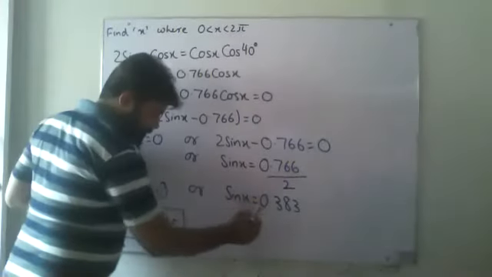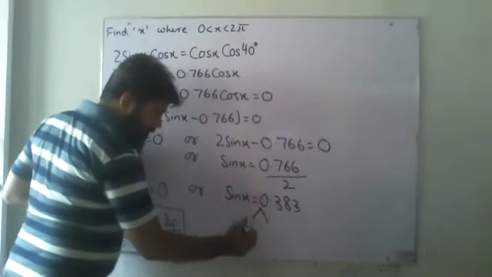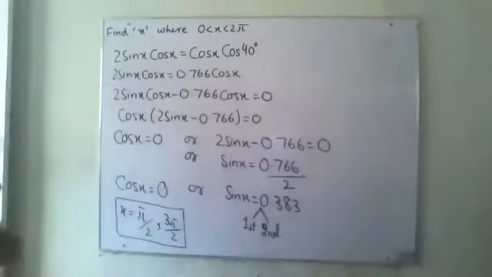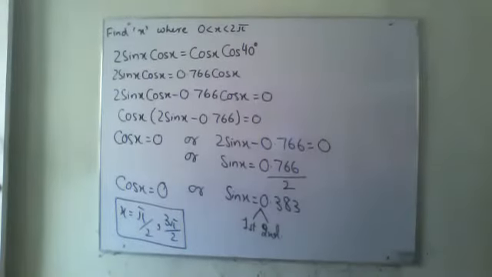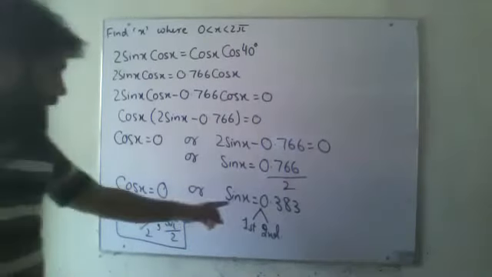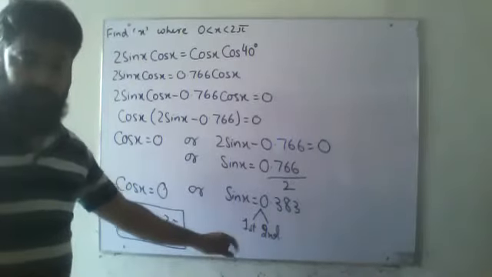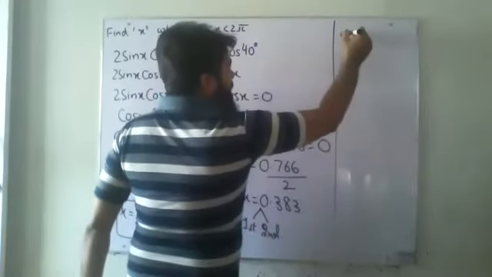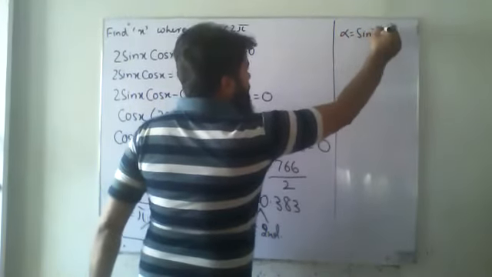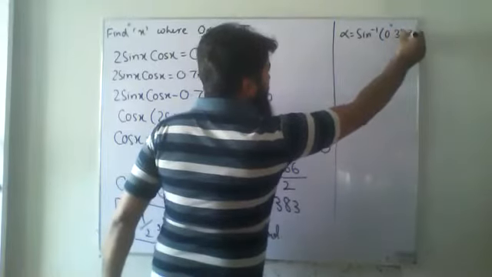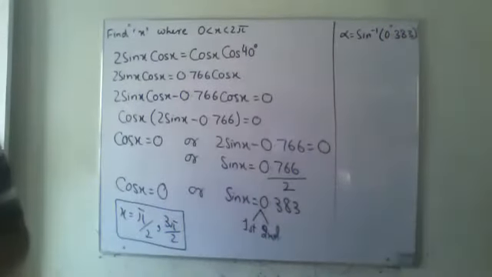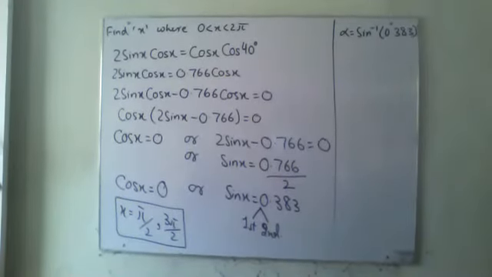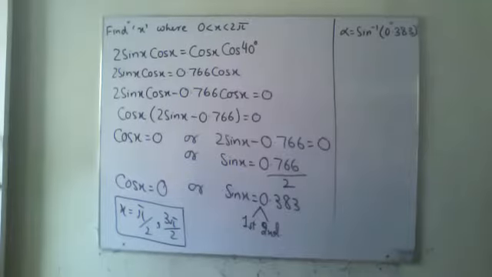This one shows it is going to lie in the first quadrant and the second quadrant. We are talking about radian mode. So first of all, alpha equals sine inverse 0.383, which I have to find in radian mode, not in degree mode.